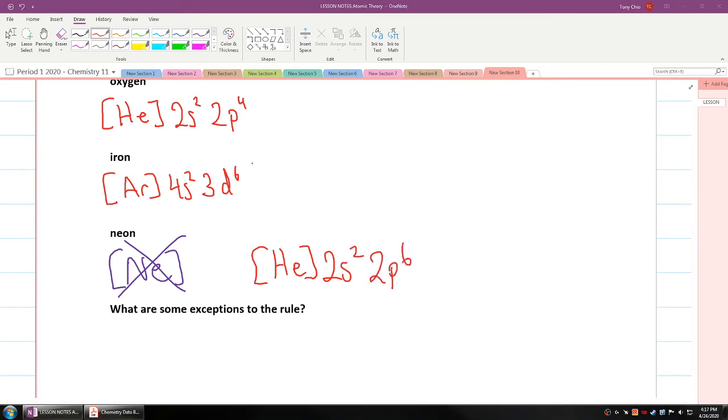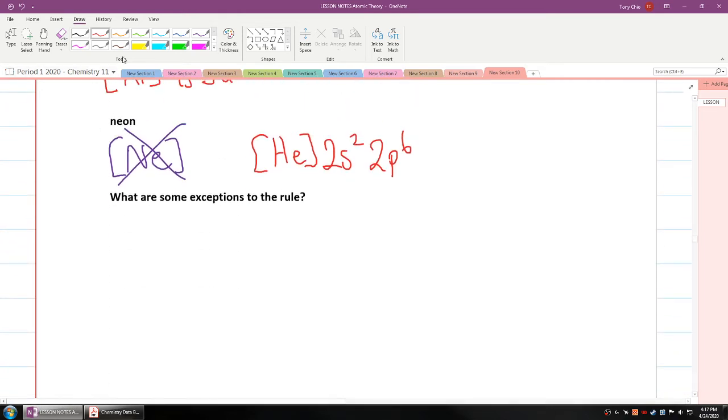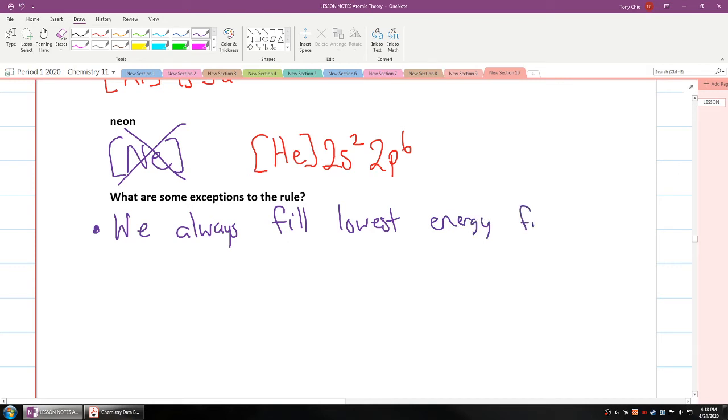Now, there are some exceptions to the rule. The biggest exception is something called fully filled and half-filled orbitals, because we know we always fill lowest energy first. But here's the exception.